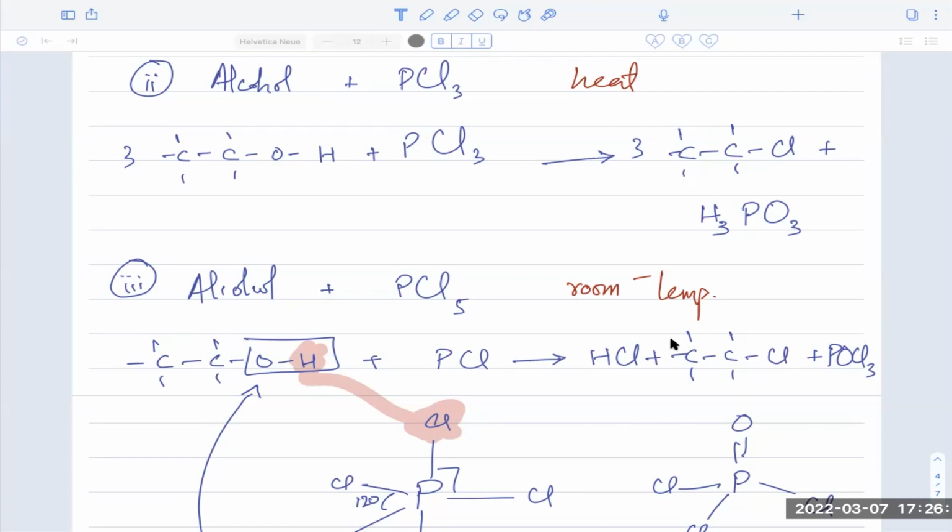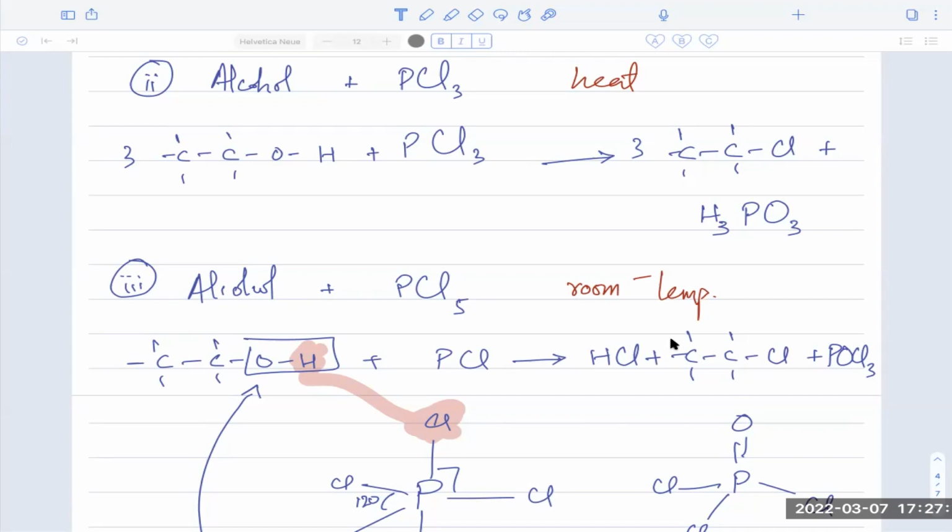But then that OH, because of the way it's bonded, and phosphorus and oxygen and their relative electronegativities, they play a part, and you end up with phosphorus acid. This reaction requires a lot of heat, but you can achieve similar results in presence of PCl5. This will save you energy because you won't need to heat it up.